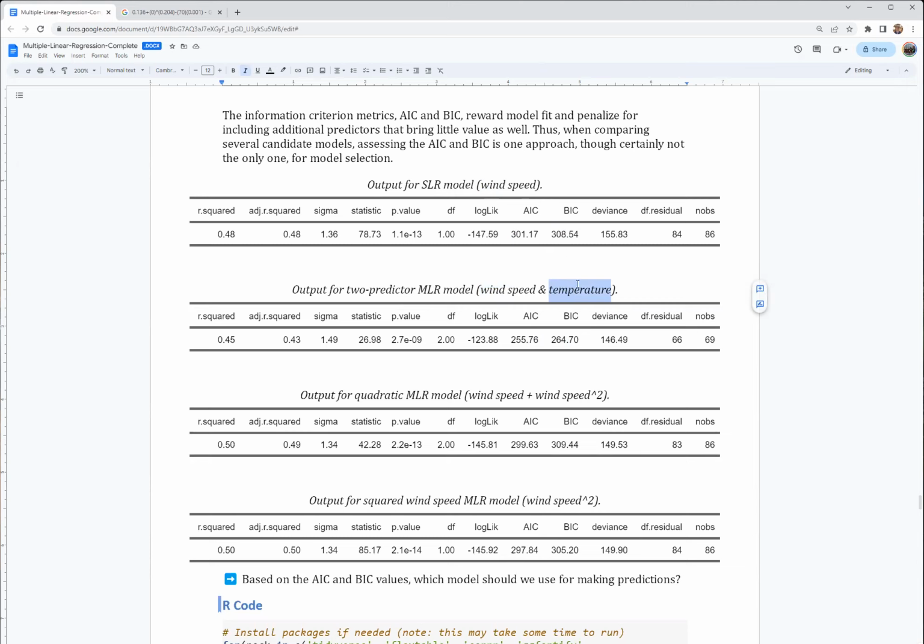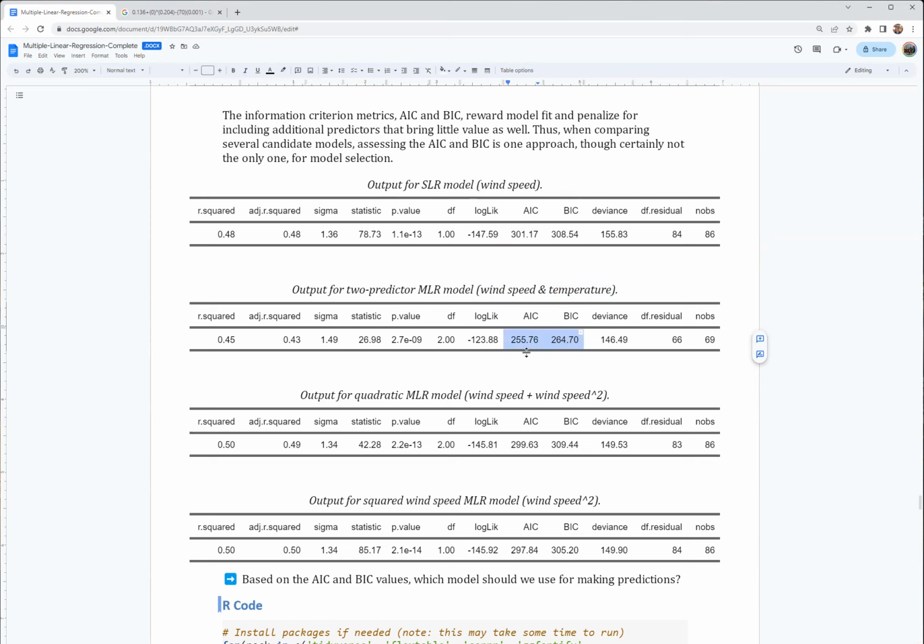So these are 2 tables for 2 different models that were fit, and we can look at the AIC and BIC values to compare them. In general, we want a model with the lower AIC and the lower BIC values. In this case, this suggests that having wind speed and temperature both in the model is better than just having wind speed, because the AIC and BIC values are lower for this one.